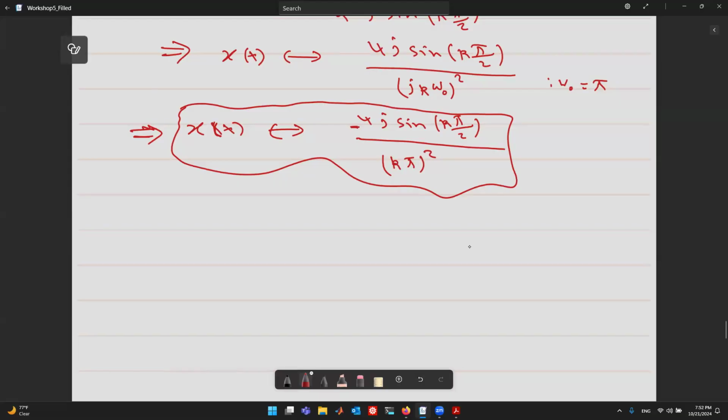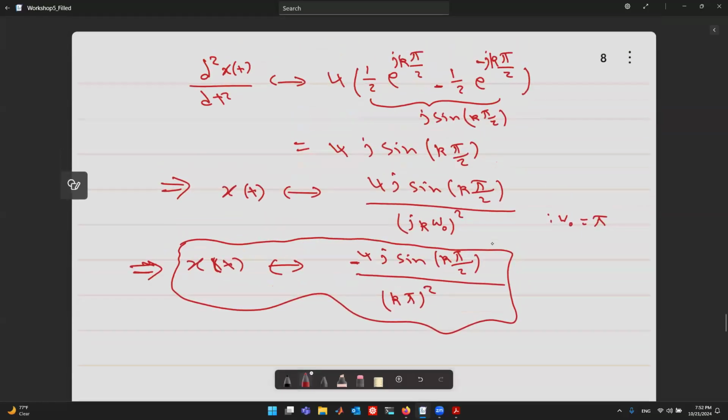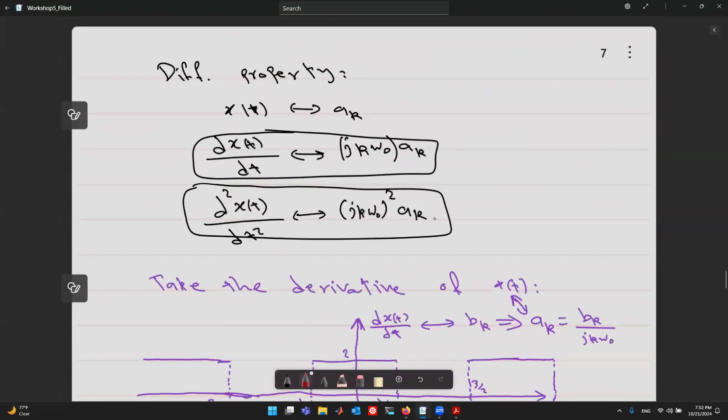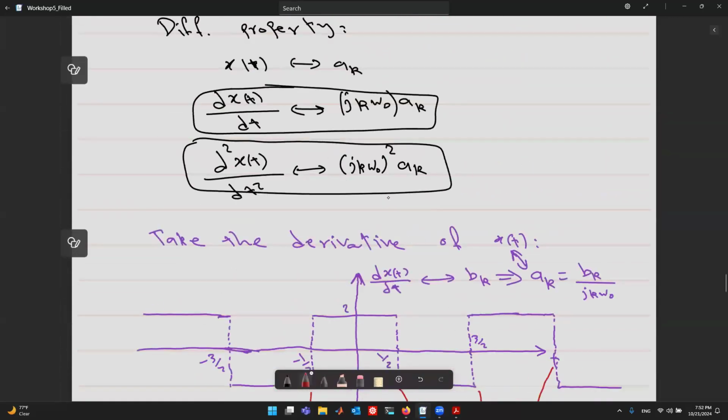So this will not work for k equals 0. We need to calculate k equals 0 separately, which we have found already is 0.